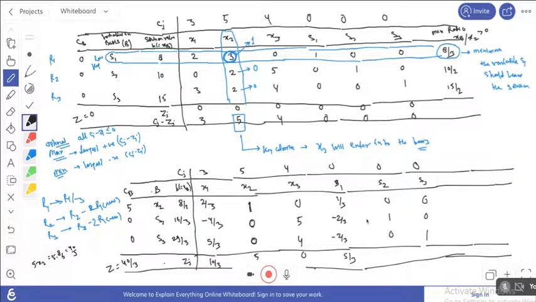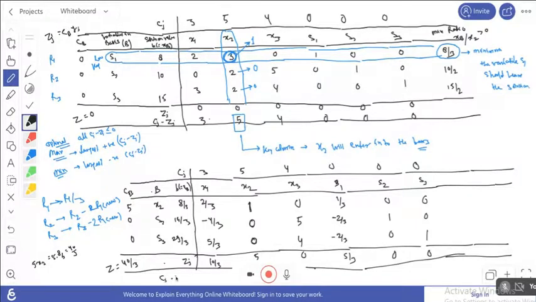Here 5 times 0 becomes 0, and here this is again 0. So we multiply by this CB, because our formula is Zj equals CB times Yj. Yj means this is your Y1 column, Y2 column, Y3 column, and so on. That's why we get these values.